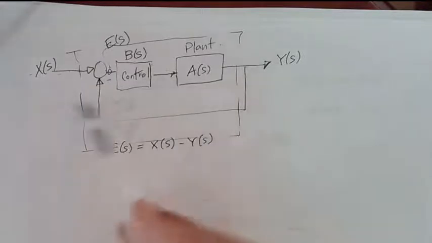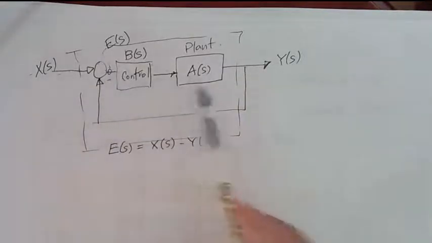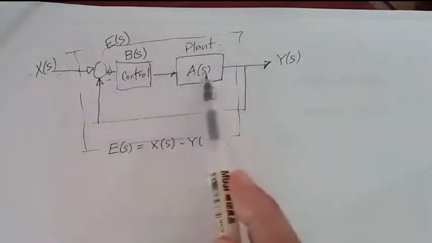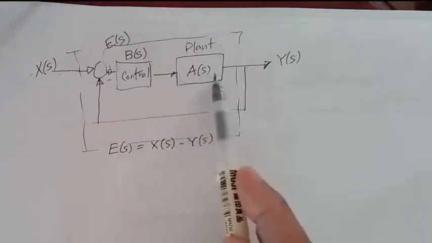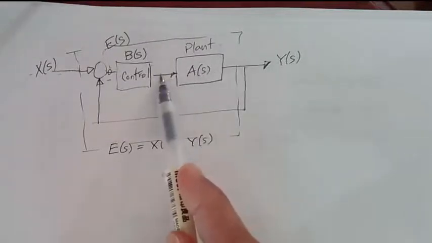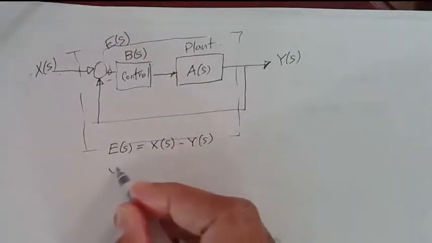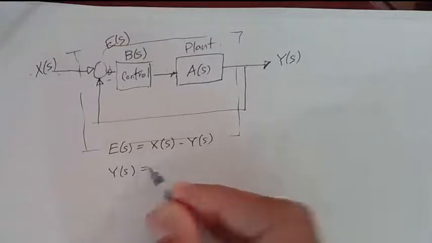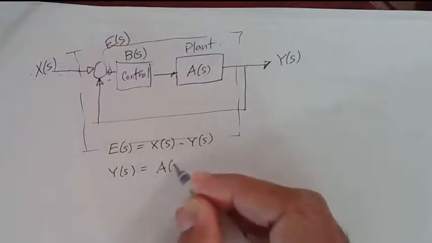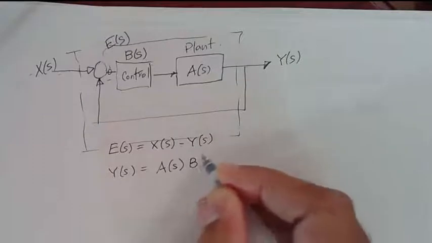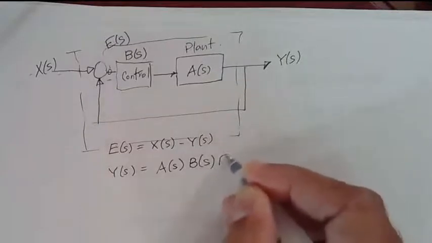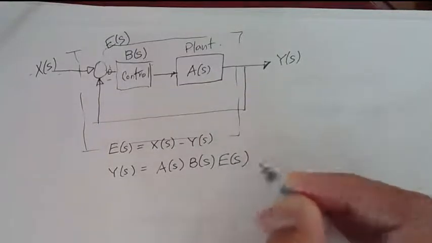And then I can put Y of S is the output of the plant, which is A of S times whatever comes in here. What is here is E of S times B of S. So Y of S is equal to A of S times B of S times E of S. Right?